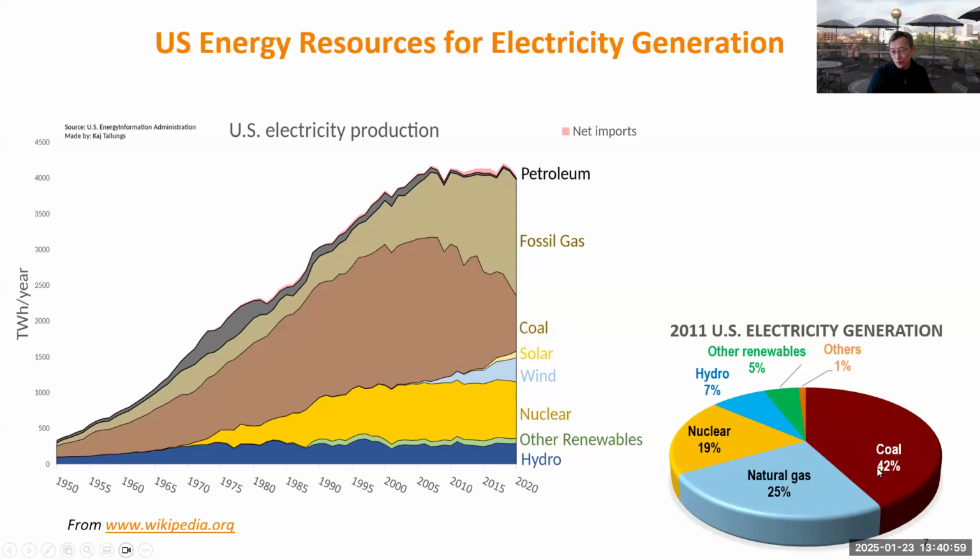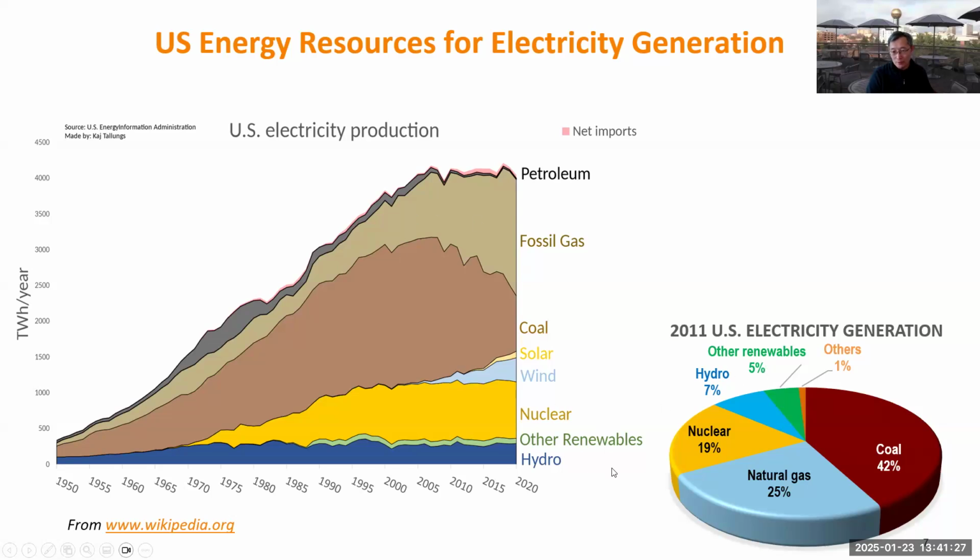It took 42% of the electricity generated. The number two is natural gas, taking 25%. Nuclear takes 19%. Hydro takes 7%. Then there are other renewables. Other renewable means any renewable excluding hydro, because hydro is also considered renewable, but definitely not a new renewable.